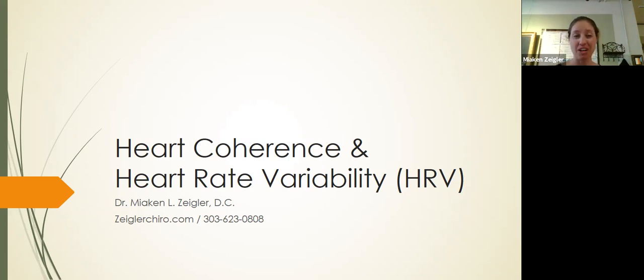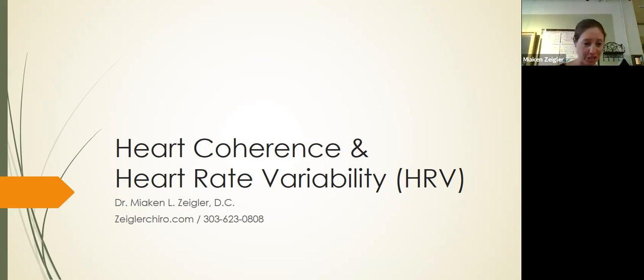Now, what a lot of people don't know is that your neurons, so your brain cells, were actually formed in your heart. And then they migrated up to your brain. So your brain and your heart have this intricate connection to each other. And what impacts your heart impacts how your brain responds and processes your world, and vice versa.